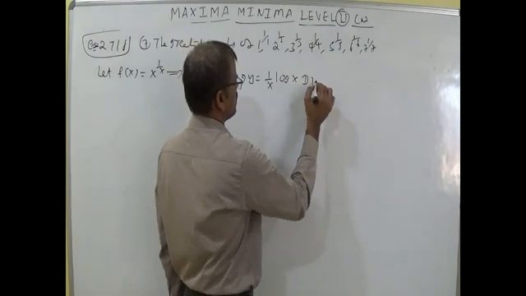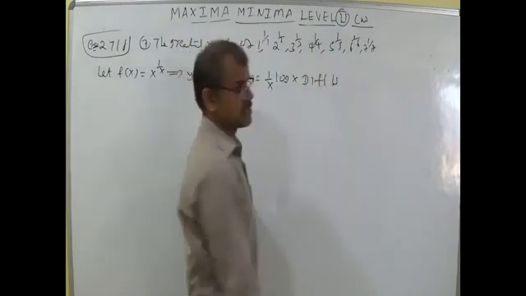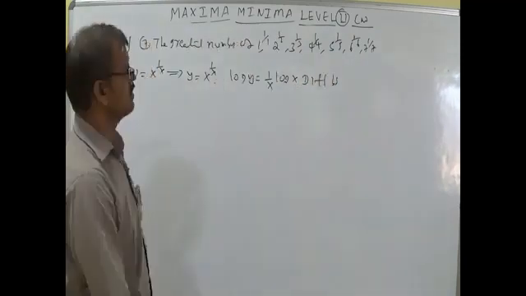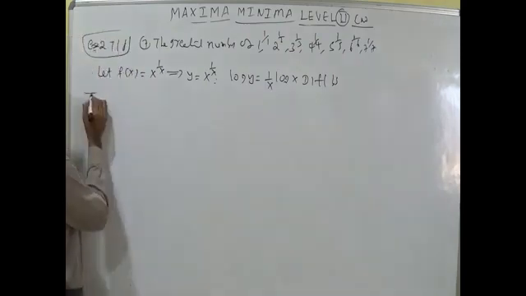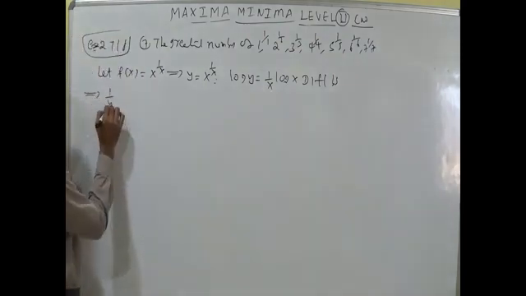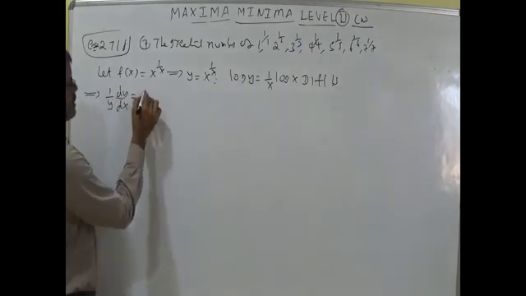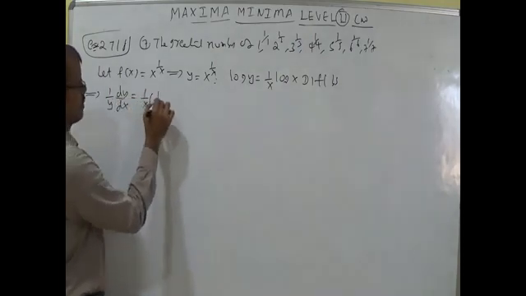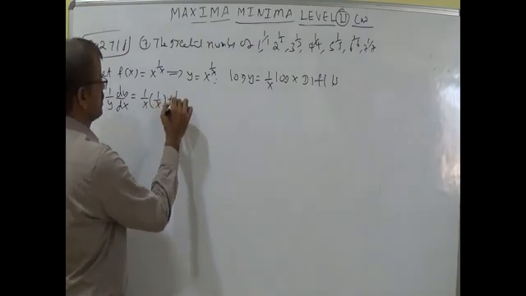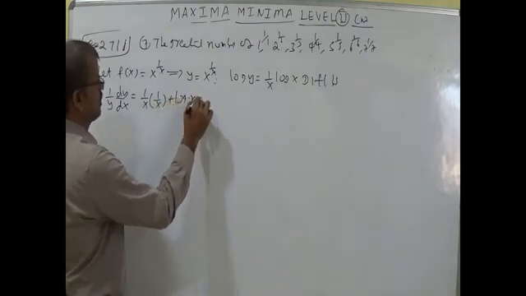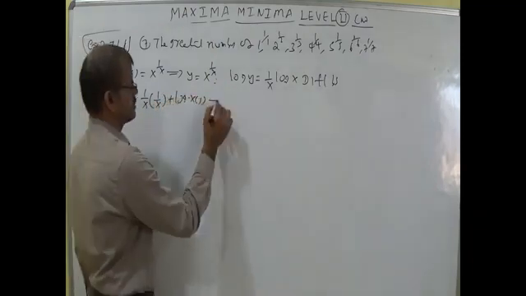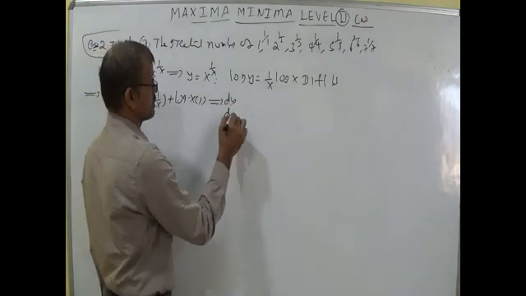Now differentiate both sides with respect to x. 1 by y into dy by dx is equal to 1 by x into derivative of log x, 1 by x, plus log x into derivative of 1 by x. That implies dy by dx.